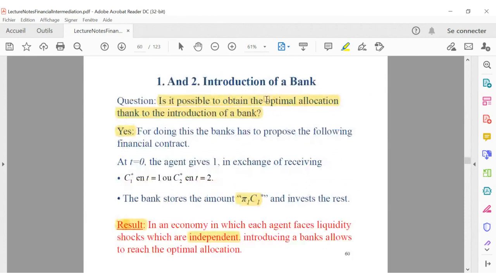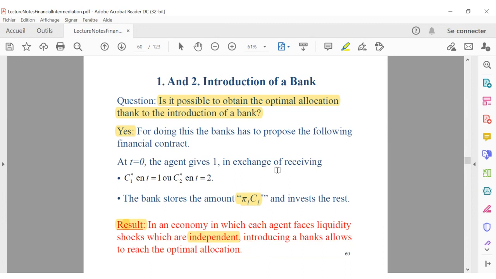But a bank is able to do that by using the law of large numbers, because for a bank, this is something which is sure. So the bank knows for sure that at t equal 1, this is the amount that is going to be repaid, not more, not less. And the rest is going to be invested in the long-term investment possibility. And it is going to be repaid at t equal 2.